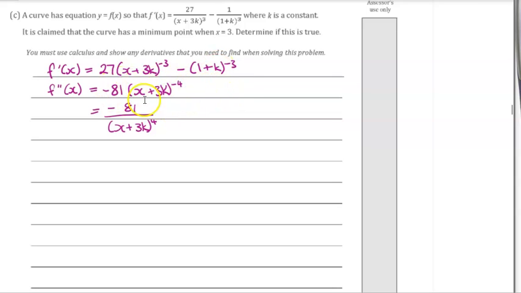Now simplifying what that looks like, it's like this, so it's a bit easier to see what we're doing. So whatever k is here is going to get added onto x and then put to the power of 4, which means that will be positive, and then we'll do negative 81 divided by positive, so that will always be negative.